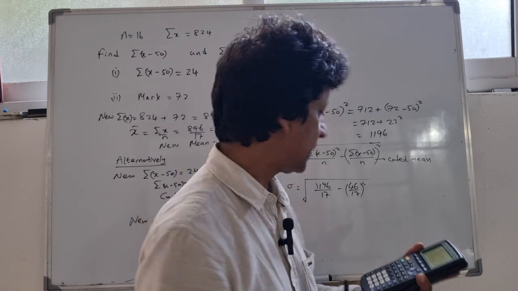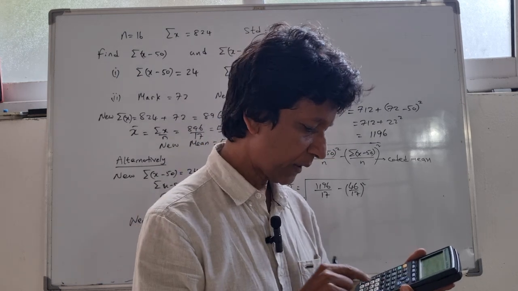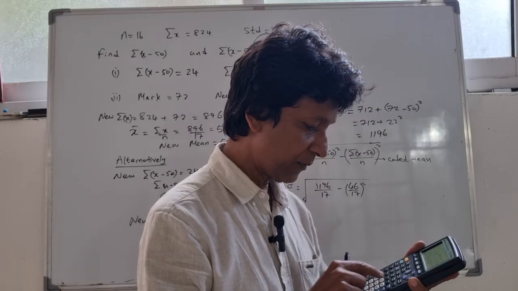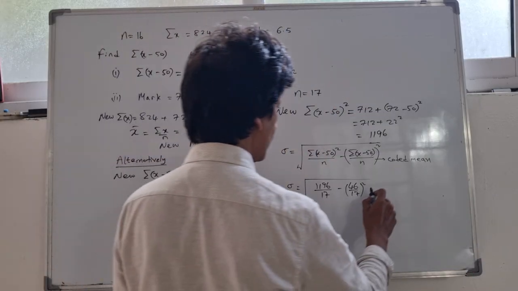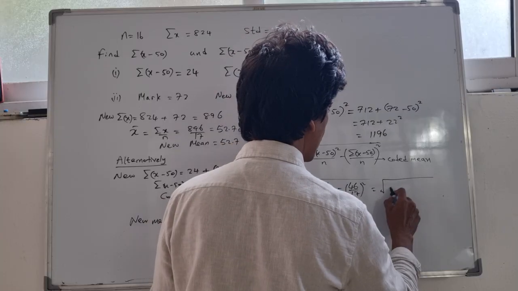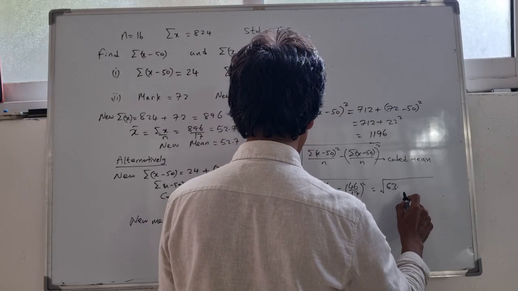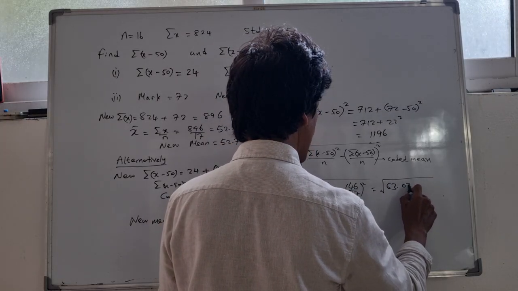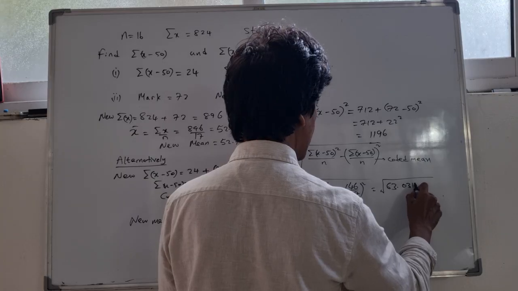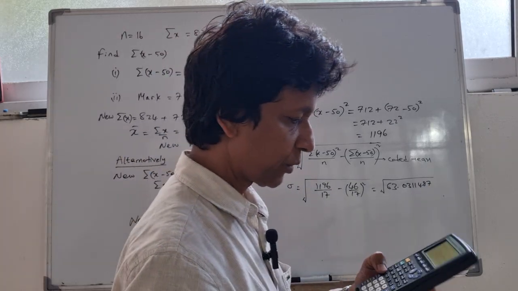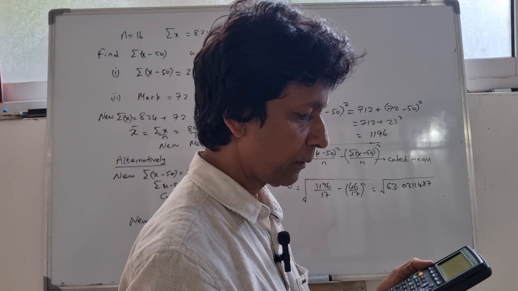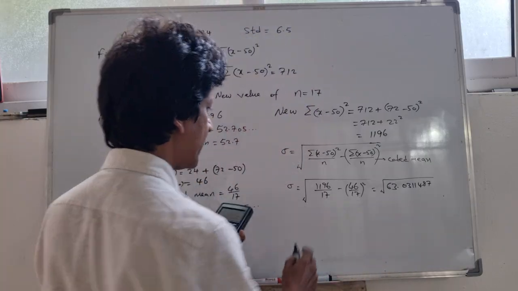Divided by 17 and then minus, in brackets, 46 over 17 and all of that to the square, and I get 63 point something. So we are looking at the square root of 63.3111487. So let's take the square root of that, and it is now 7.939.